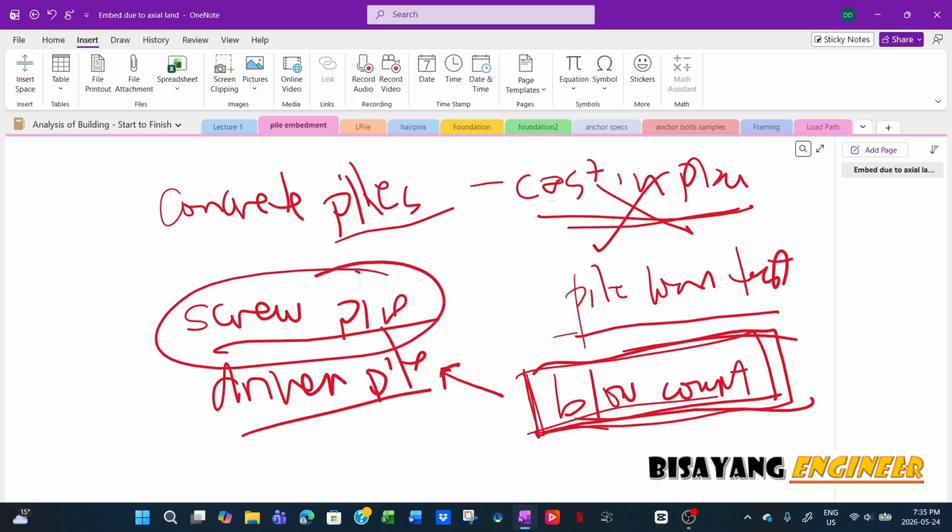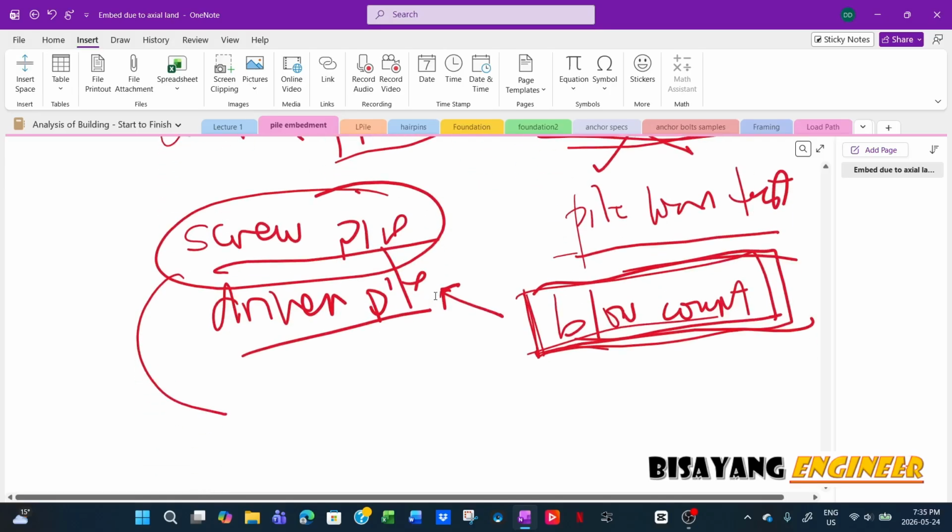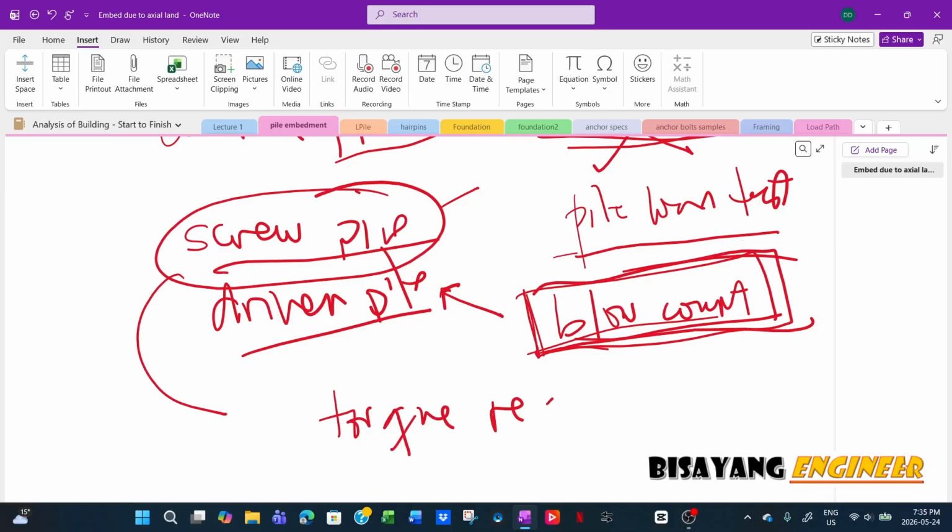Now for screw pile, you can also estimate the capacity based on torque readings. When they install the pile, they will give you a torque reading, because, by the name itself, a screw pile is screwed into the ground. I already posted a lot of information on this on my page.